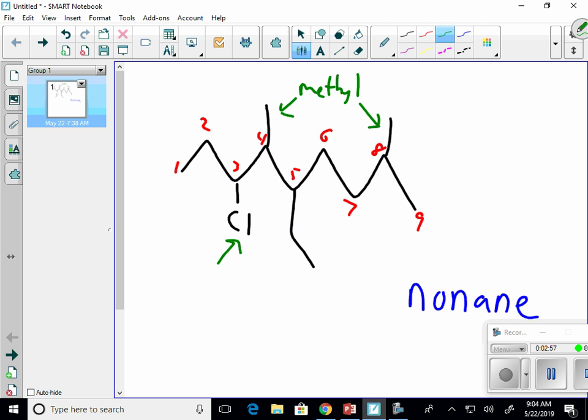But if you look at what I currently have numbered as carbon number 5, there are 2 carbons coming off of it. One right here, and then one right here. So that is an ethyl group. Eth is the prefix for 2.